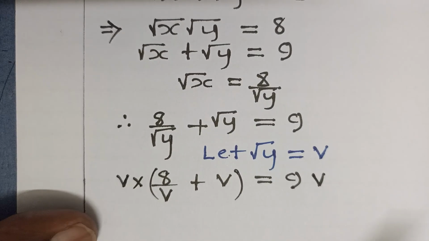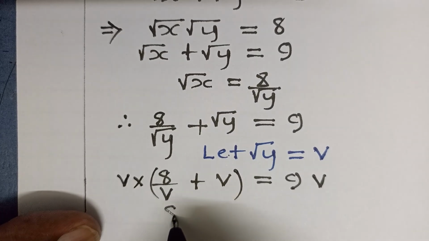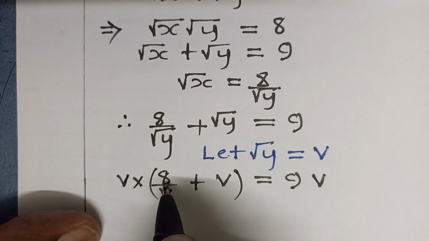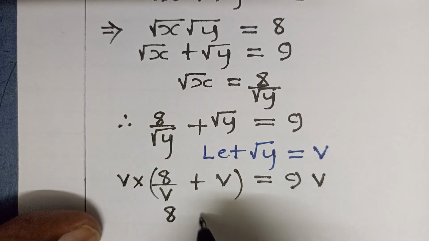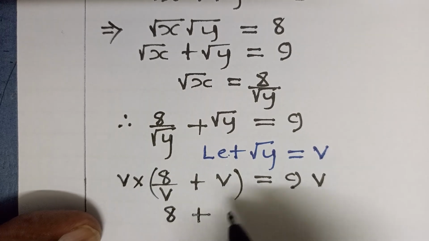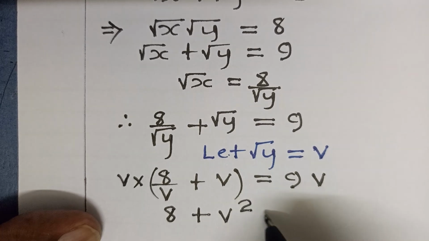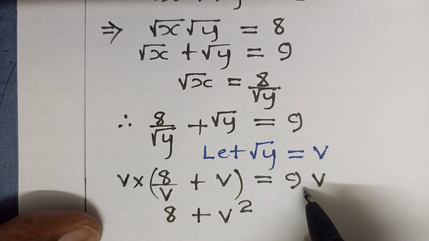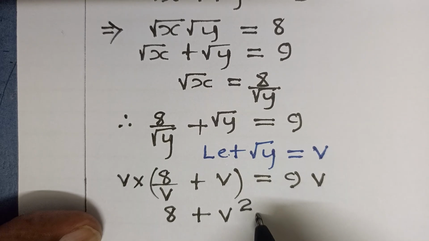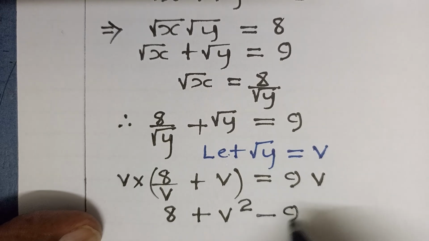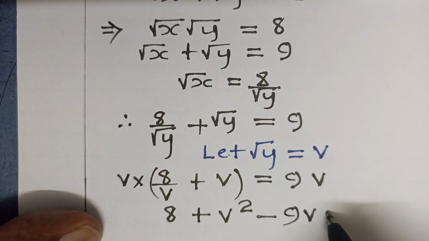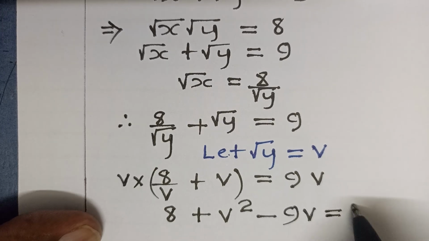This is now going to give us 8 plus v squared, and this is now equal to 9v. Guys, we can bring the 9v to this side, so we shall have minus 9v, and we are left with 0 on the other side.